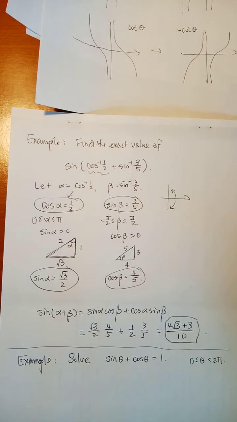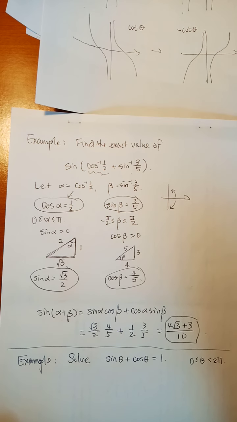So we get sine plus cosine equal to 1, theta is between 0 and 2 pi. So this equation has no square. Remember, it has no square. You cannot use the Pythagorean identity to solve it.